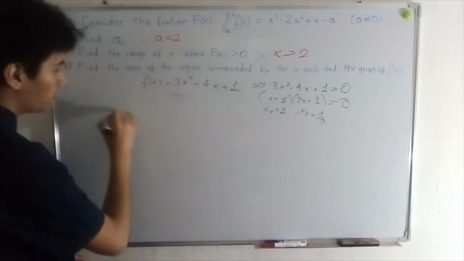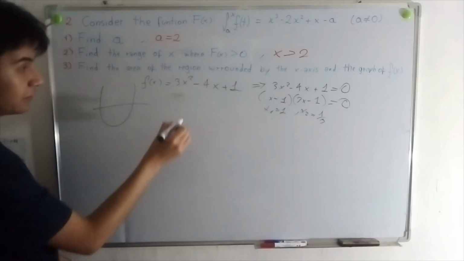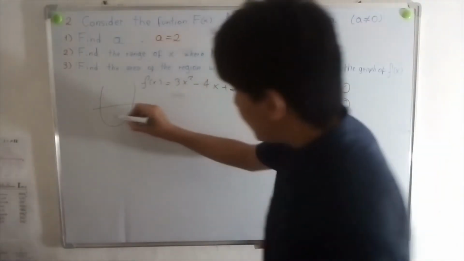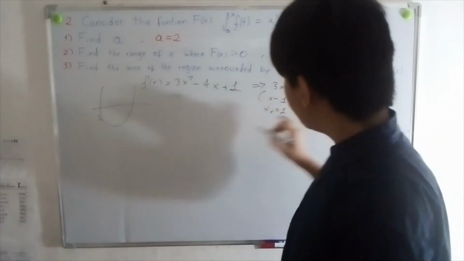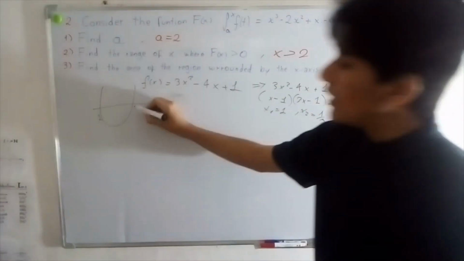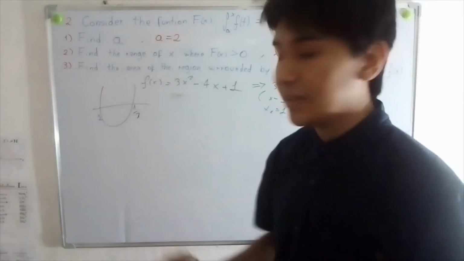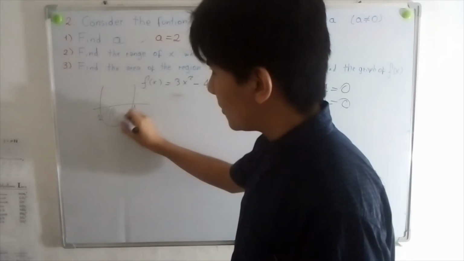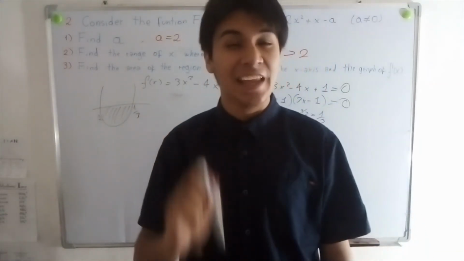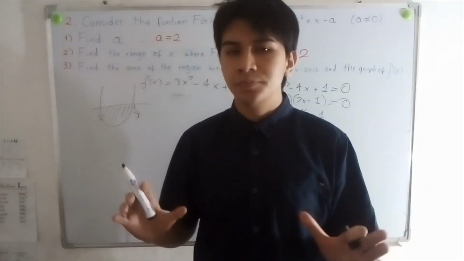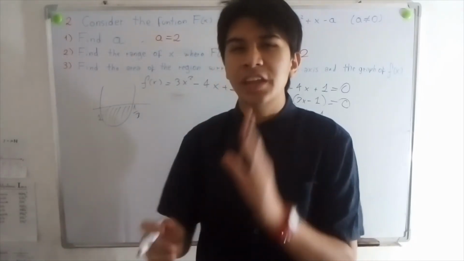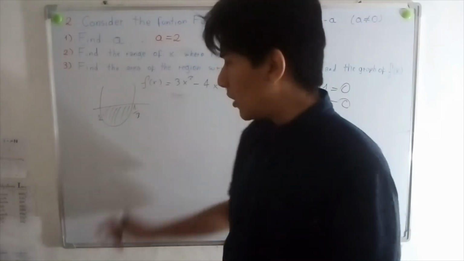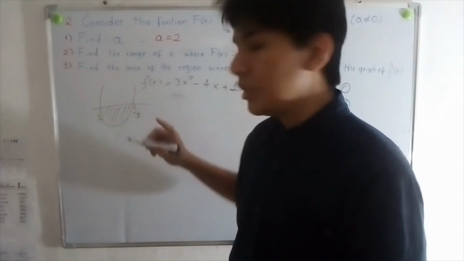This parabola here is positive, and this coordinate is 1, and this coordinate is 1 divided by 3, and that is the area here, but this area is negative. But with an absolute value, it can be positive.